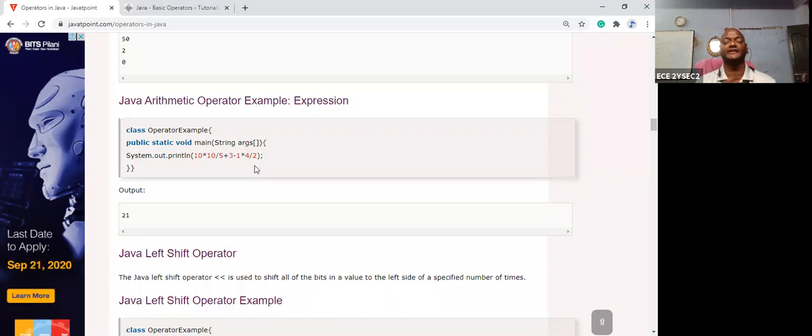The second thing is you can apply BODMAS: brackets, division, multiplication. Division and multiplication both have the same precedence, so whichever operator comes first, you perform that first. Okay, right. So you can calculate this. By calculating this, I am getting the value 21. I hope you are also performing the same. Can you get the same answer?